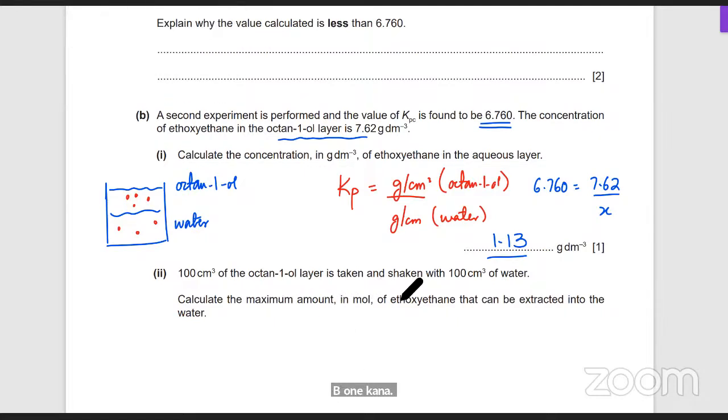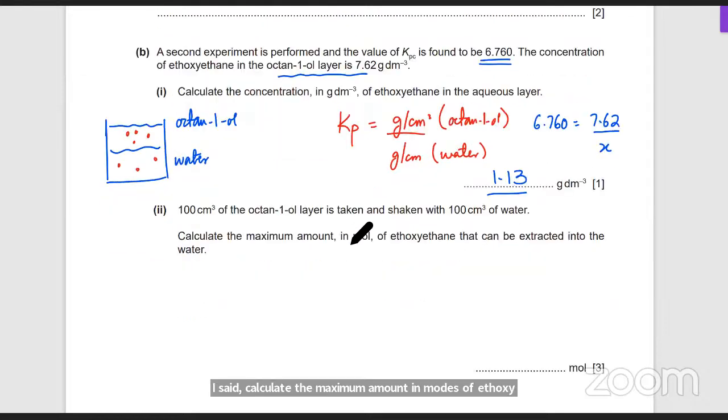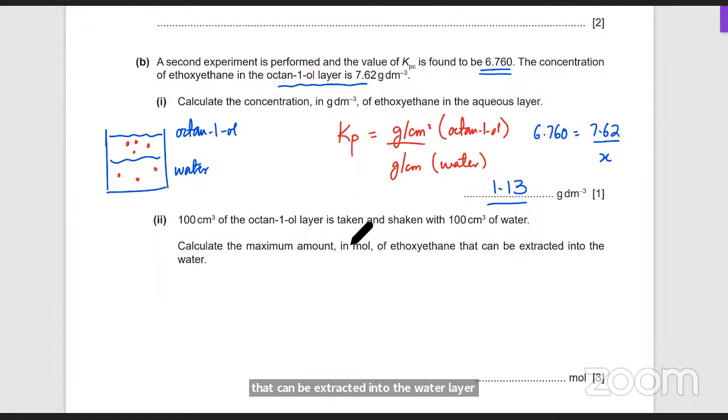अगला calculate the maximum amount in moles of ethoxy ethane that can be extracted into the water layer. तो अब ये कि maximum amount, so you got two solutions now.